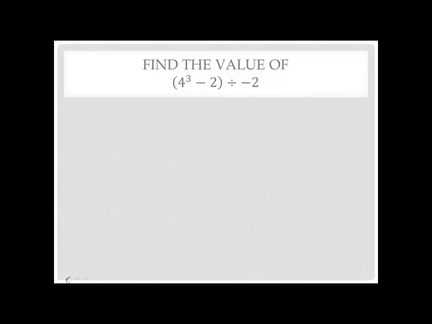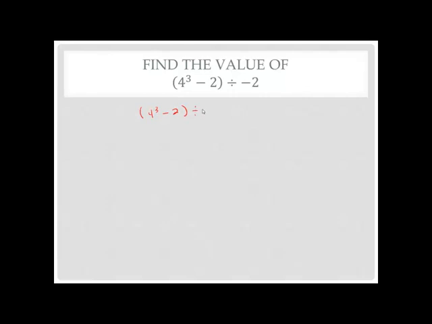All right, let's look at one more of these. In this one we have 4 to the third minus 2, divided by -2. So I want to start inside the parentheses and use my operations inside the parentheses until I get it simplified.